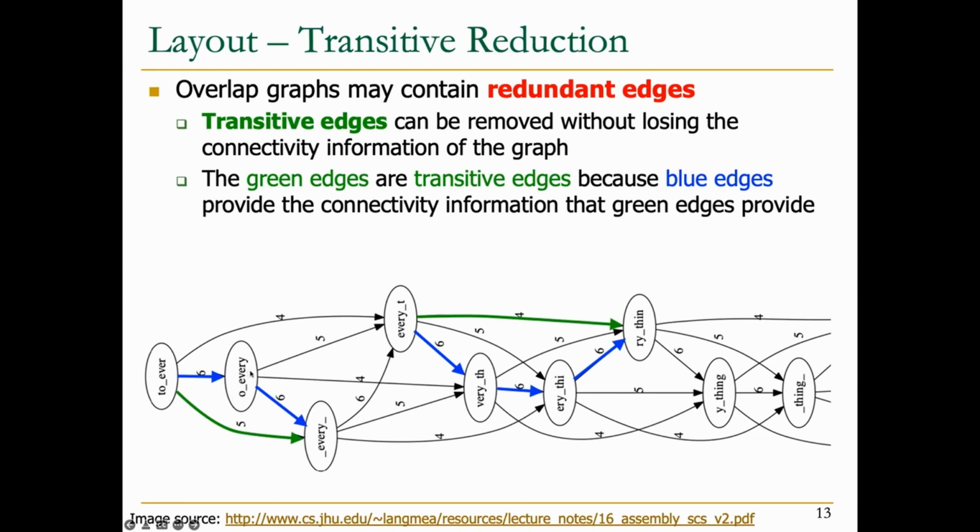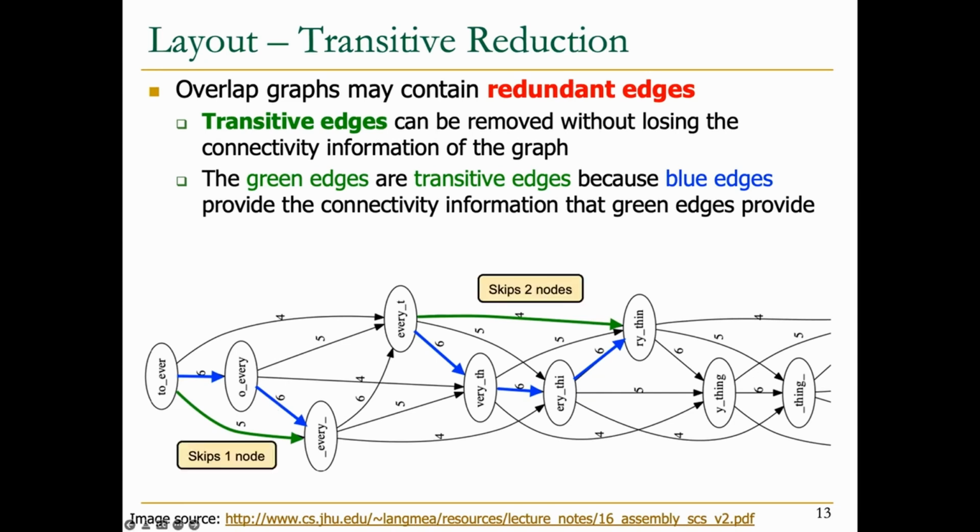There may be such cases in the graph, such that if you remove the other one, then you're losing some connectivity information. That's why the green one is the transitive edge, and the other one is not, because it may be possible that we lose some connectivity.